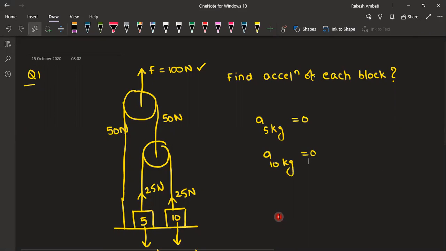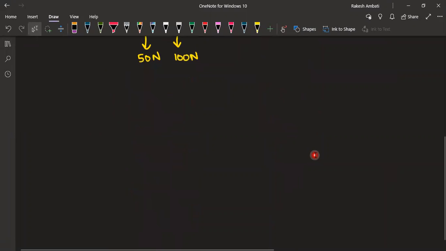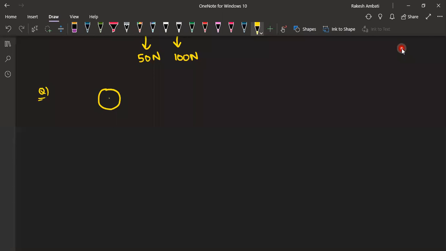Next example. So for example, here we have a pulley.